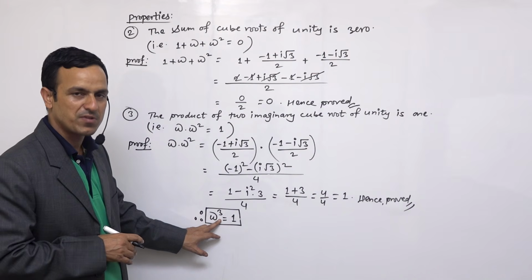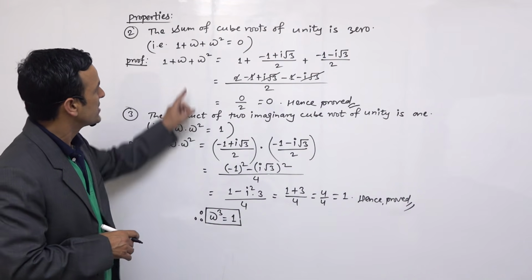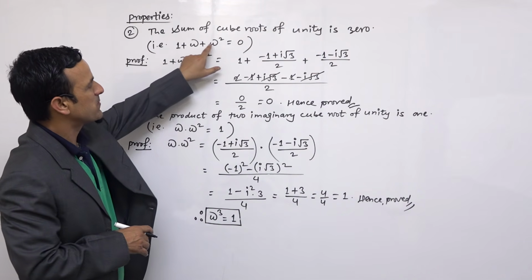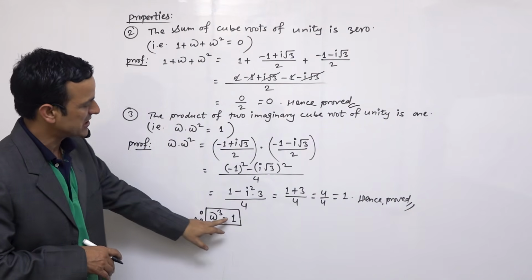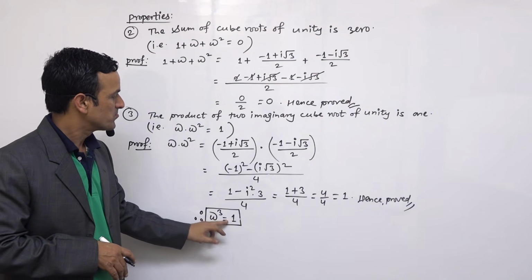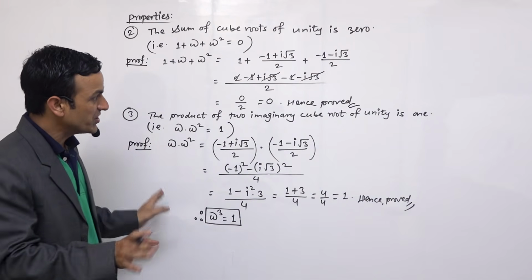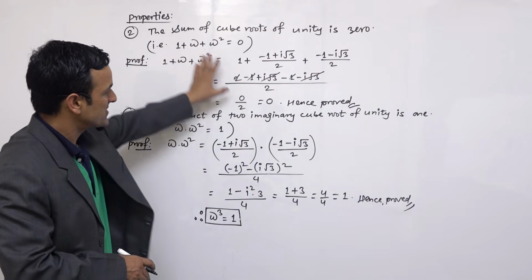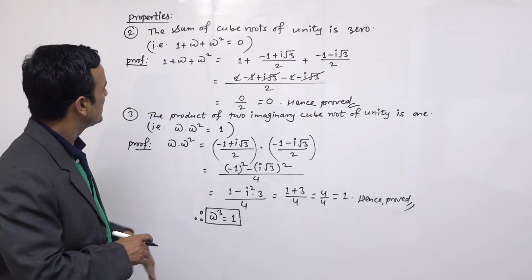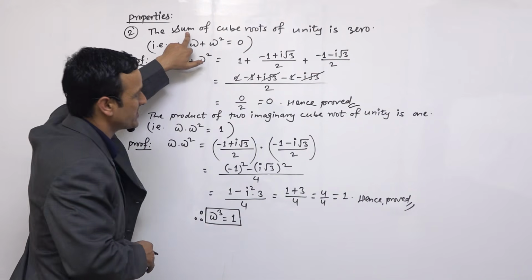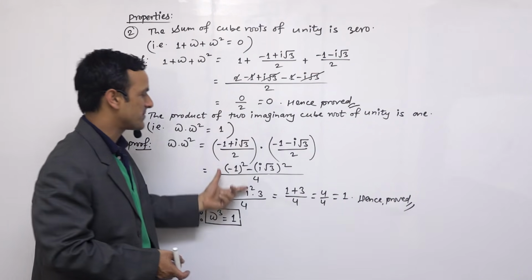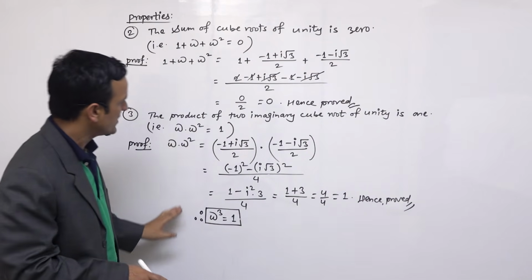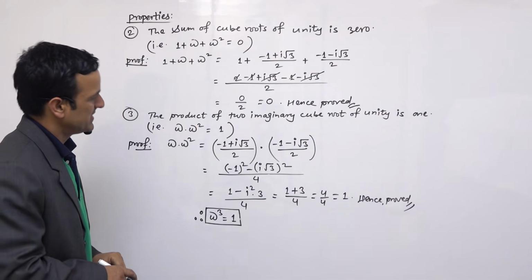Let's remember this formula. 1 plus omega plus omega square is equal to 0 is also a formula. In this way, we can establish all three properties. We have stated these properties and also proved them, and in this way the cube root of unity is finished.